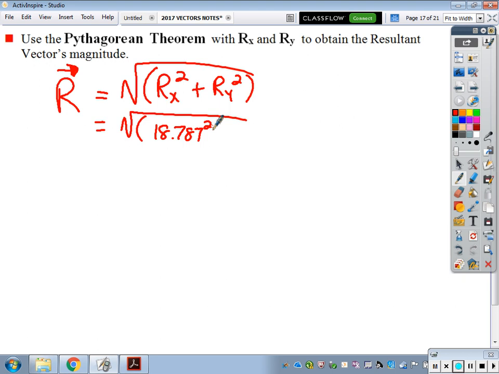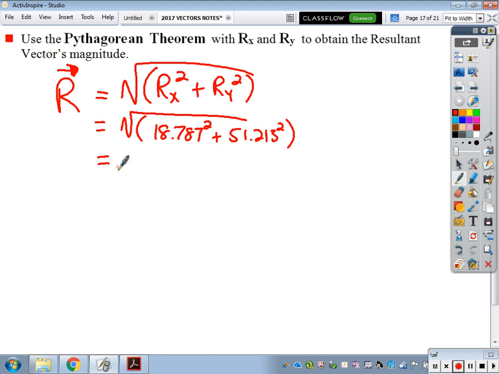But with some calculators, if you were to do negative 5 squared, it would square just the 5 and then tack the negative on the front. Then it would give you an answer of negative 25, which is incorrect. And since you are smarter than the device you hold in your hand, we're just not going to put that negative in. It doesn't matter anyway. Okay? So open parenthesis 18.787 squared plus 51.213 squared. Close it off. And do me a favor.